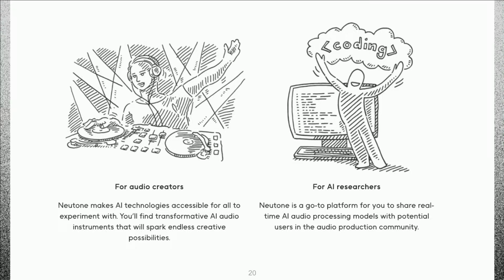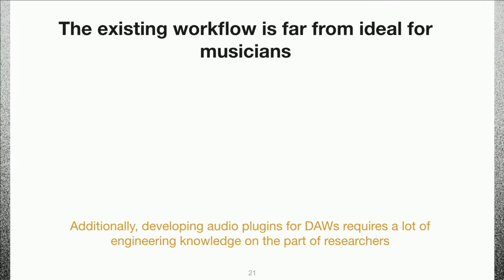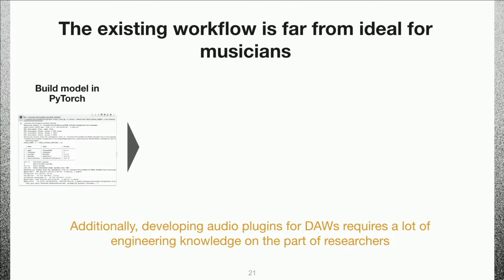I was really frustrated that my models are really difficult to share with artists. Specifically, before Newton and some other tools that exist now, the way you would publish your models was like this. You would build a model, let's say in PyTorch, or another neural network framework like TensorFlow or JAX.